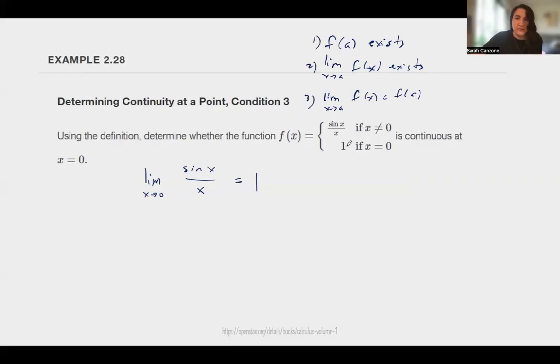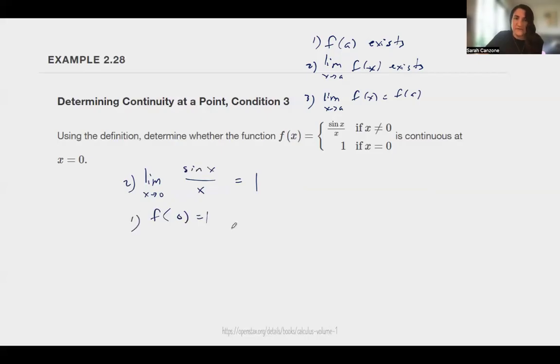We have, let's see, this is number 2. We have that number 2 works, right? And then this gives us 3 as well. This gives us what the limit actually will be. And we need to check to see if it is f of a. So f of a is at the point a. Do we have a y value? At 0, we do have a y value. It's 1. So f at 0 is 1.